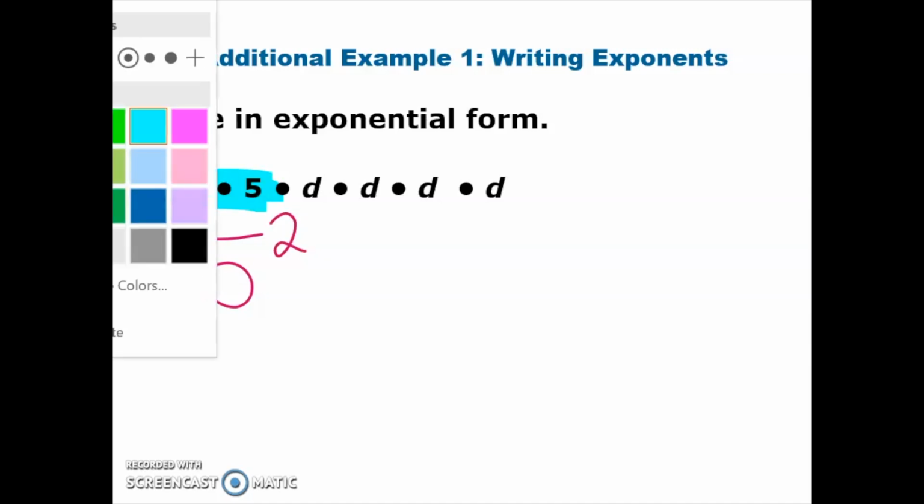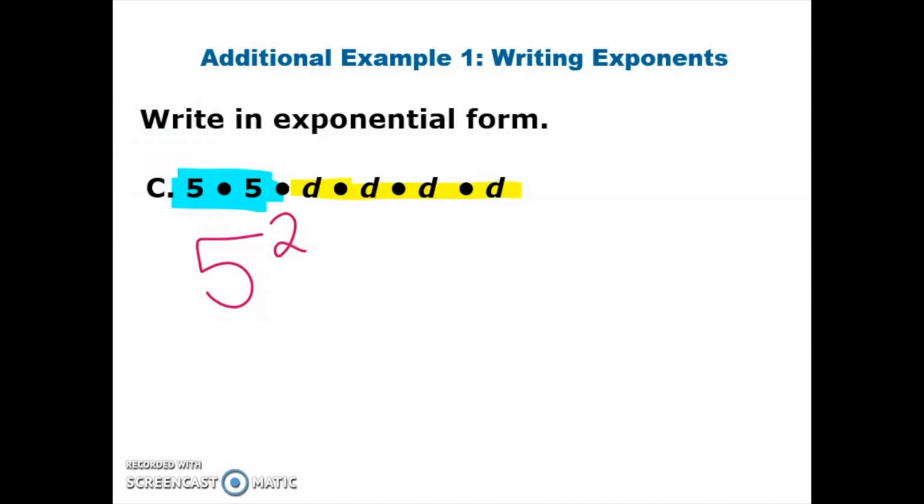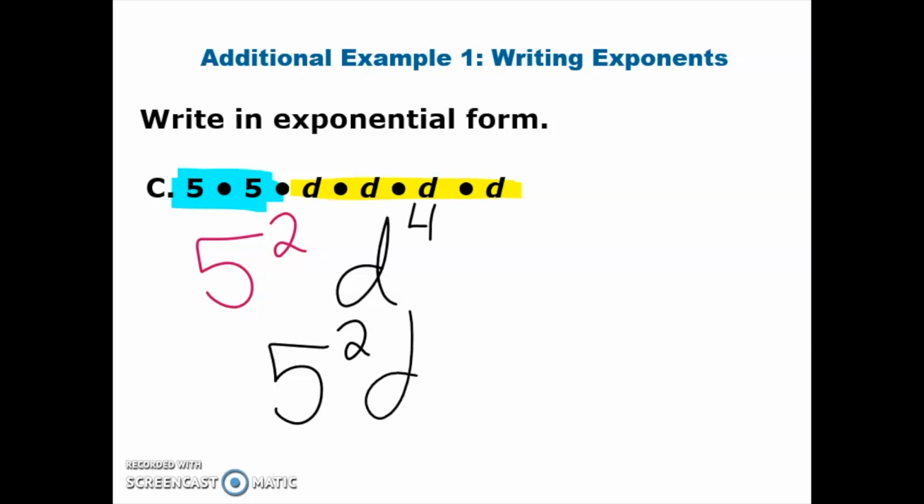Then we would look at our variable parts, and we've got d being multiplied, and we would count how many d's there are, and there are 4, so d to the 4th power. Now we don't need any kind of operation in between those. By just writing them next to each other, we know that means multiplication. So we would simply, in exponential form, leave this as 5 to the 2nd power, d to the 4th. Again, I really want to emphasize this is called exponential form.